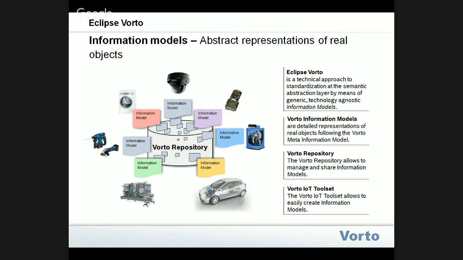So here you can see, for example, a camera, you can see a washing machine, some power tools, a car, and so on. And for every such device, you can create an information model. Vorto provides an IoT toolset, which makes it really easy to describe a device. I will also give you a live demo later.